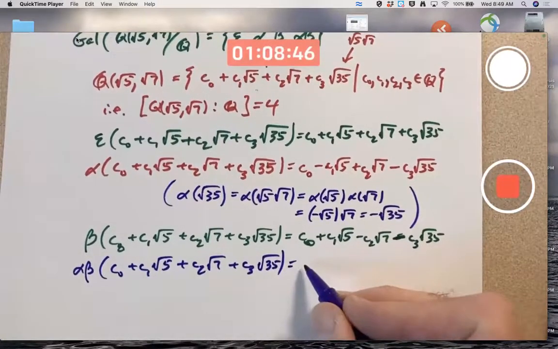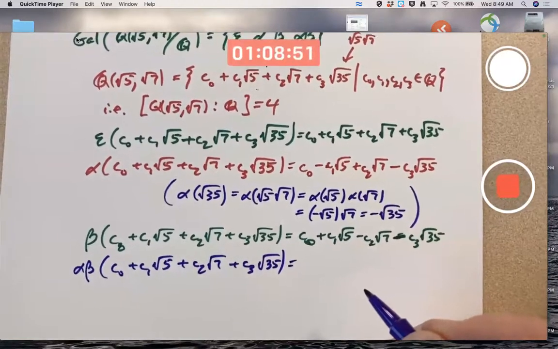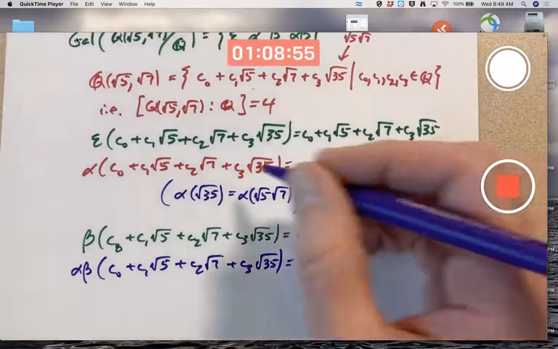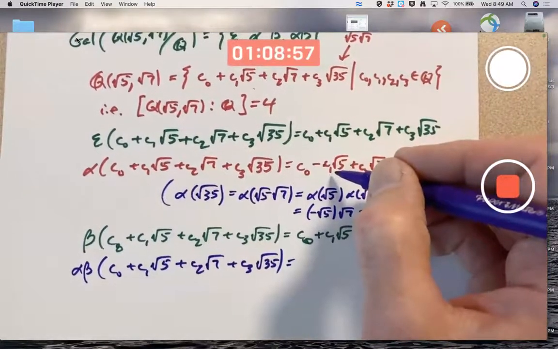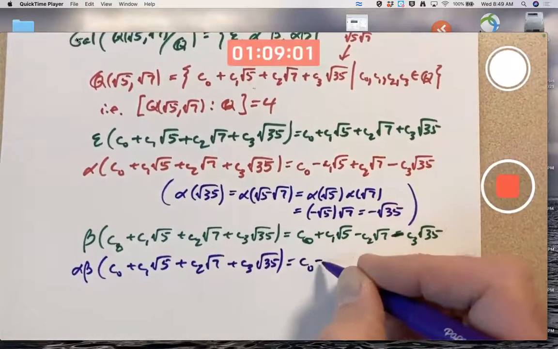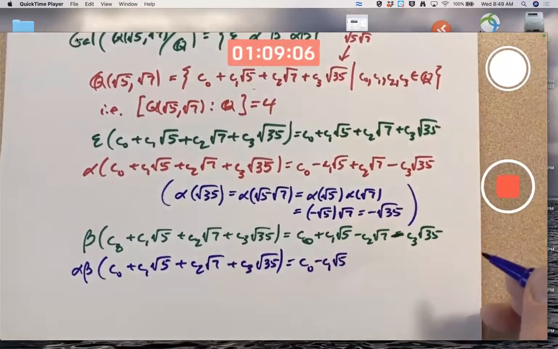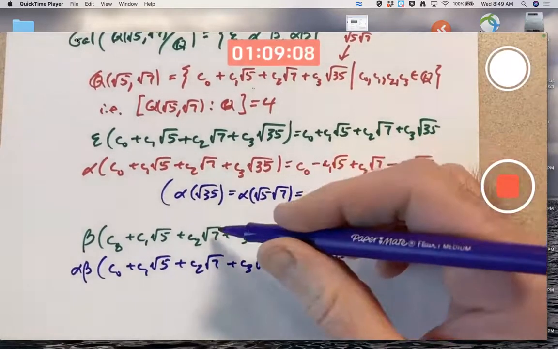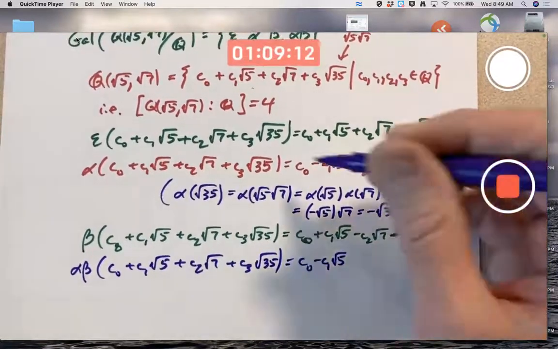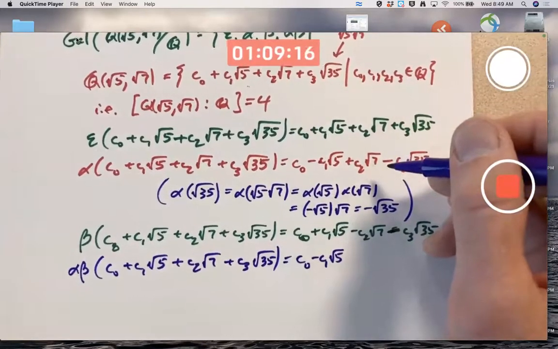Let's say, well, okay, what does it map root 5 to, for example? Beta maps root 5 to itself, but then alpha maps root 5 to negative root 5. So alpha compose beta is going to have to map root 5 to negative root 5. Root 7 under beta gets mapped to negative root 7. Under alpha it gets mapped to itself, and also negative root 7 would get mapped to itself.